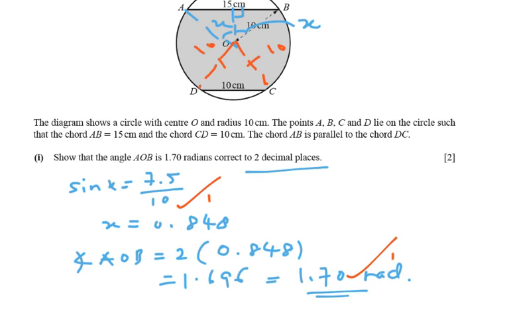So since all 3 sides are the same, you form an equilateral triangle with each angle equivalent to pi over 3, which is 60 degrees. With this information, you will be able to solve the second part of the question easily.